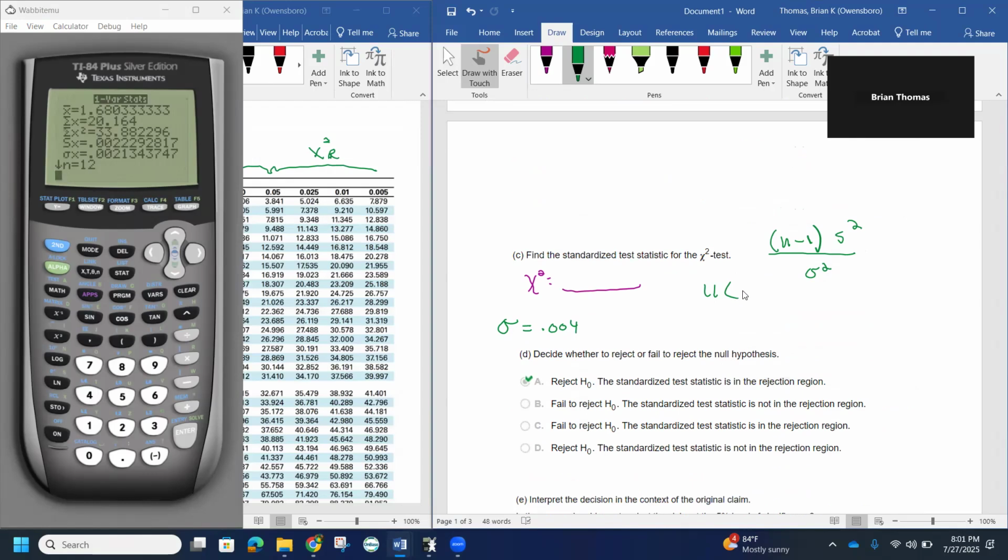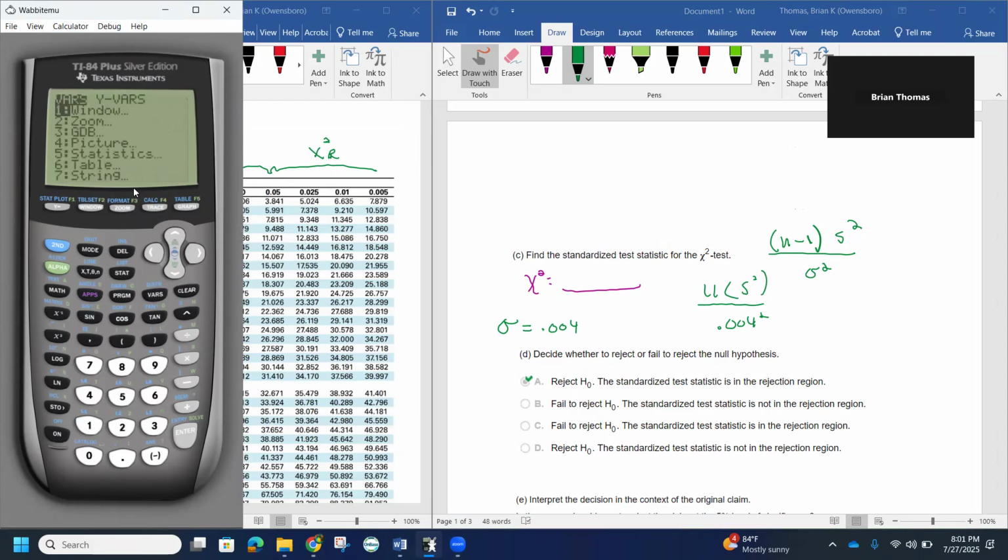The sample variance, again, I'm going to use the calculator for, so I'm going to have this s squared and then divide that by 0.004 squared. On my calculator, I can type 11 and multiply by the sample variance.